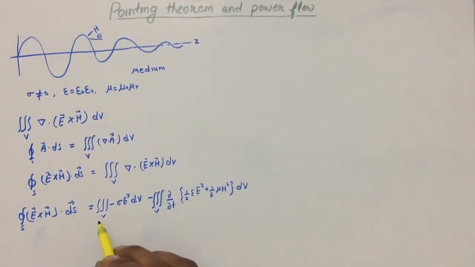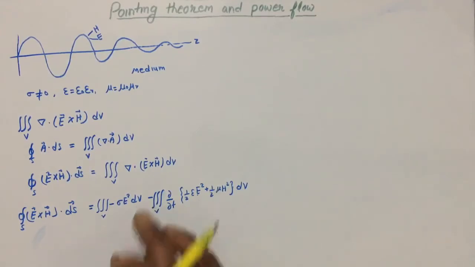So in this way, this total is the decrease in electromagnetic energy per unit time. That is, we can say, power loss from the given volume.